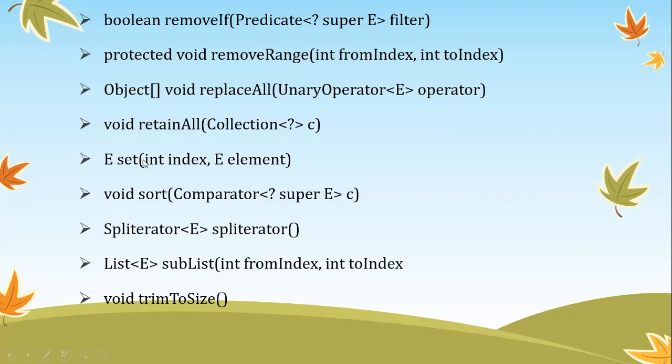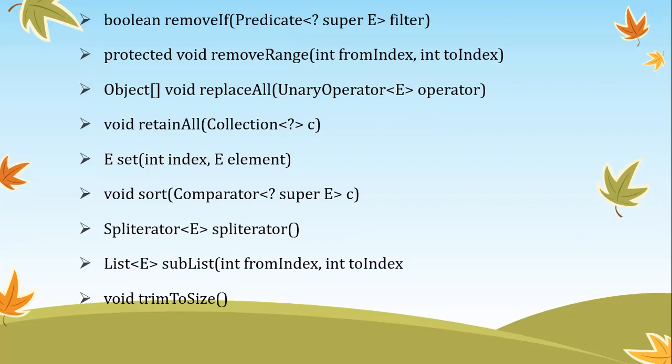This method replaces the element in the list present at the specified position. And the next method is sort, void sort. This method is used to sort the elements of the list on the basis of the specified comparator.